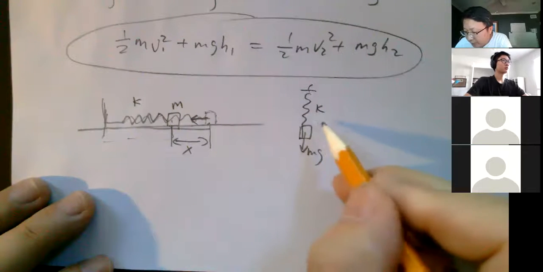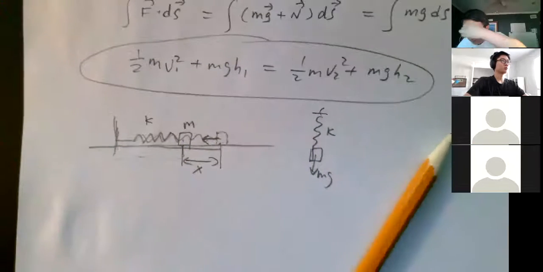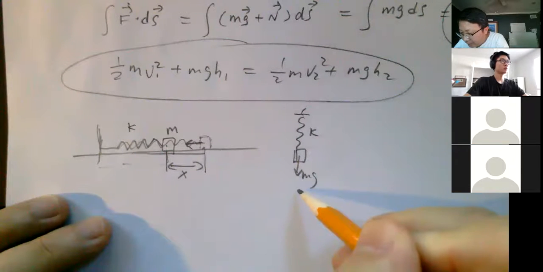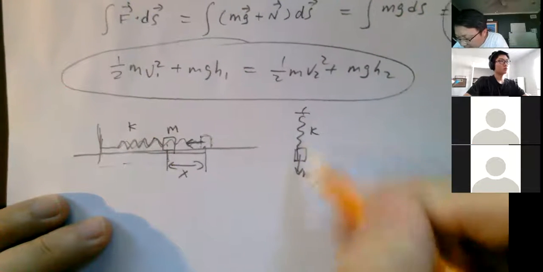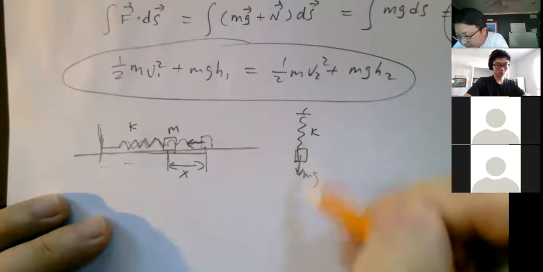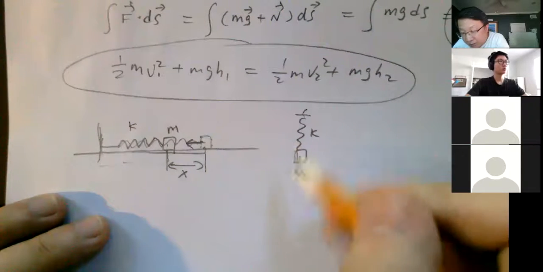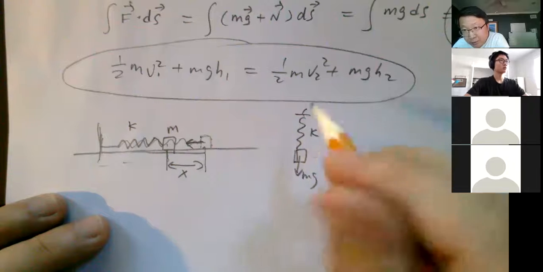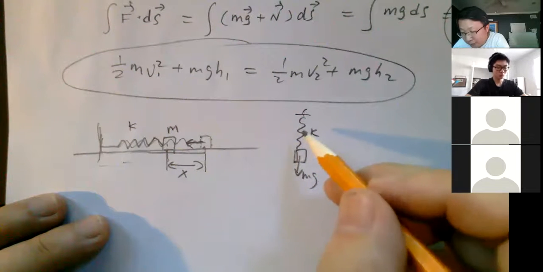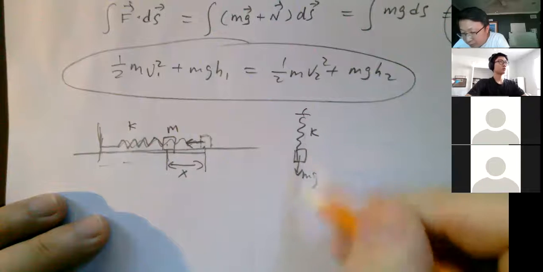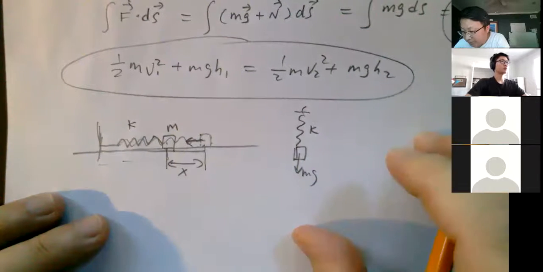But if you pull further down and then let go, it will also oscillate. We will come back to this kind of oscillation calculation later, which is a perfect example to use calculus. But here we just understand the basics about spring.